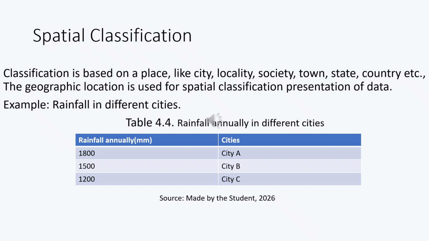Table 4.4 shows the rainfall annually in different cities. Rainfall annually is measured in millimeters and the cities given are city A, B, and C. Rainfall is given as 1800 millimeters, 1500 millimeters, and 1200 millimeters for city A, B, and C. So this is the spatial classification tabular data presentation example.